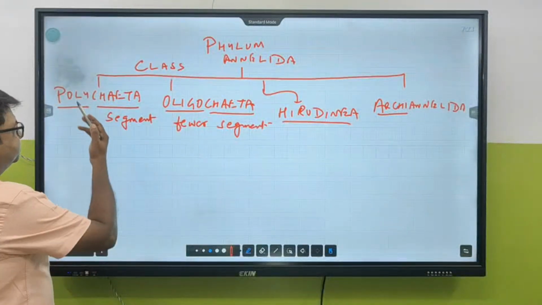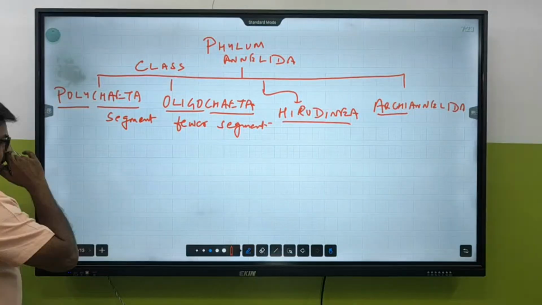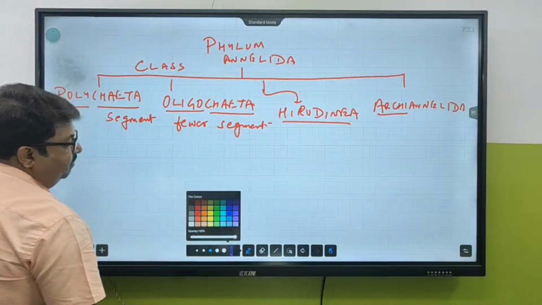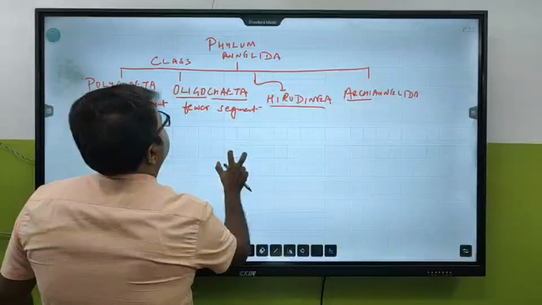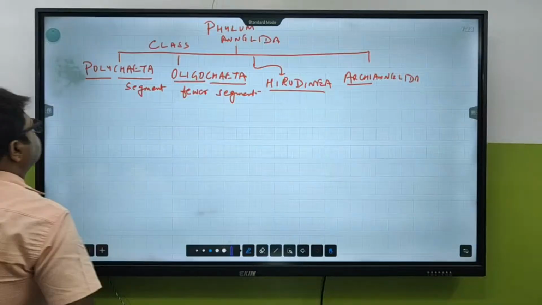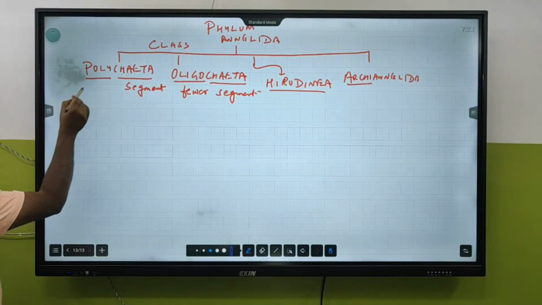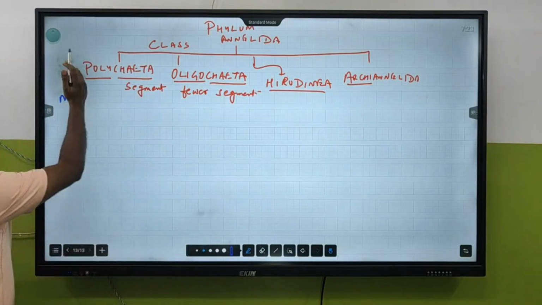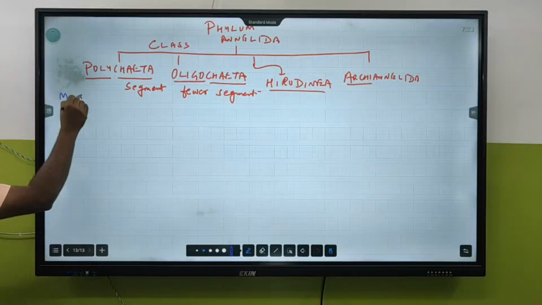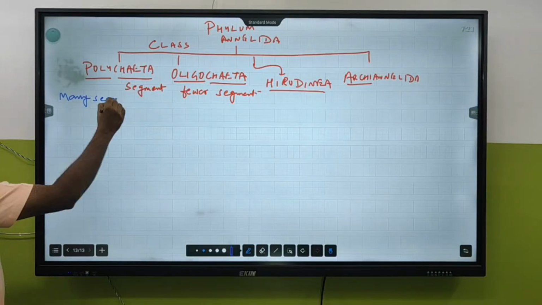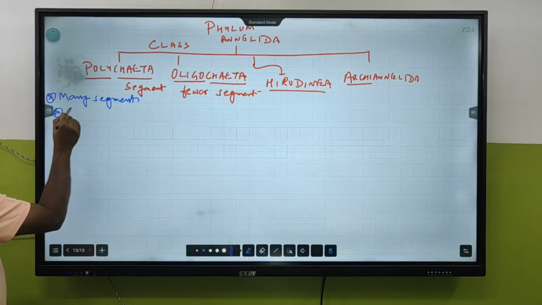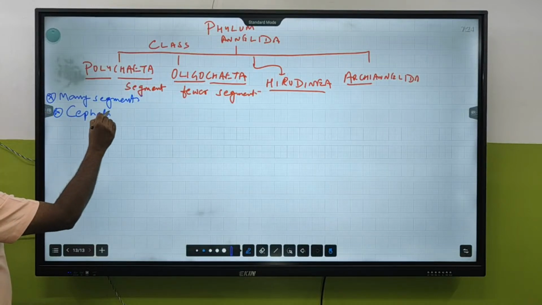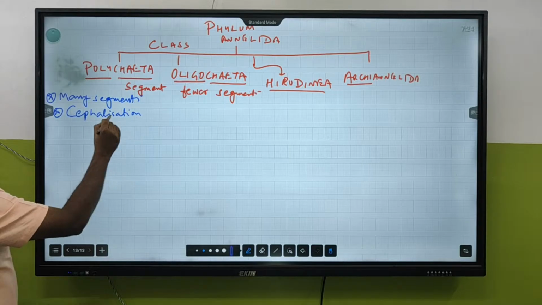Annelida. Is this clear? Now, the first one, how can we classify them? The Polychaeta. They have got many segments. Number 2, they have got cephalization present.